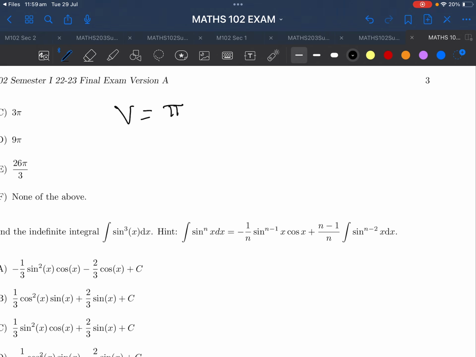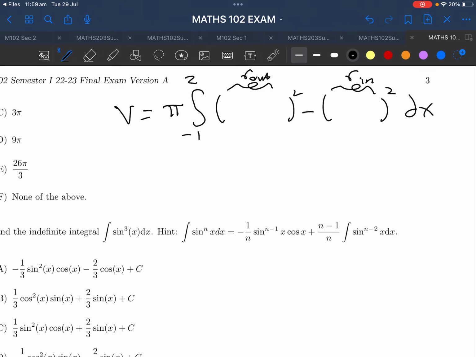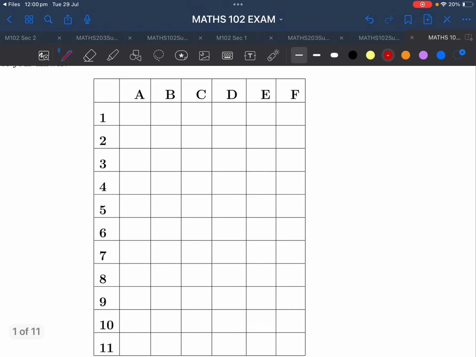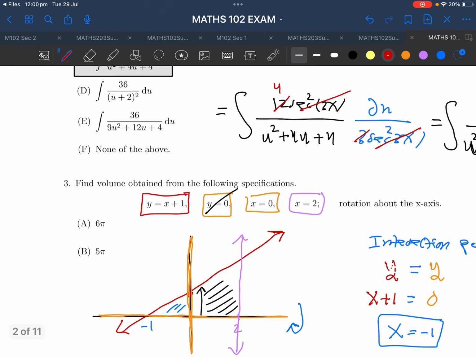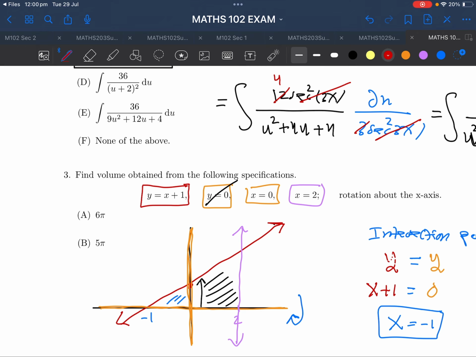So the volume will be just pi integral from -1 to 2. You need to write R out minus R n. What is R out? As we said, we take an arrow from the axis of revolution to the minimum we can get in the region.